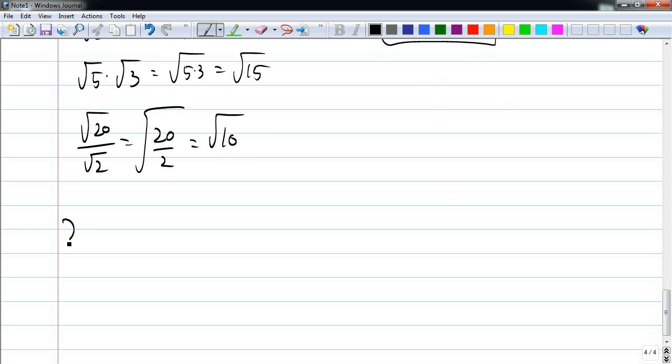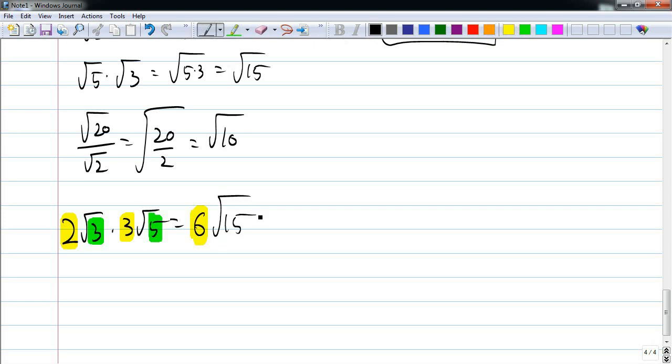And if there are numbers already outside the radical, no problem. I just keep them separate from the numbers under the radical. So 2 times 3 is 6, and then 3 times 5 is 15.